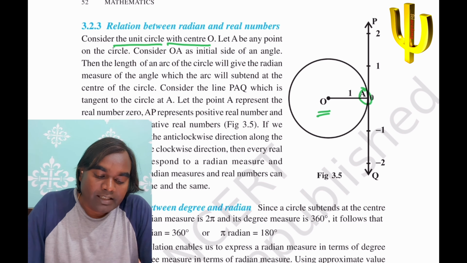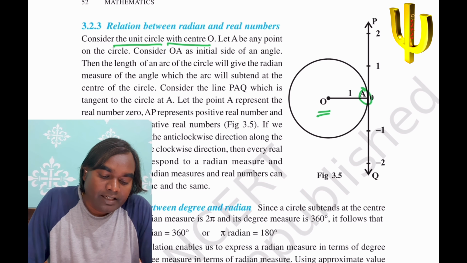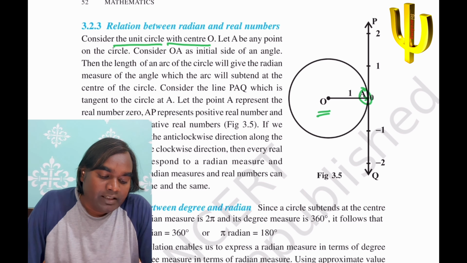Consider OA as the initial side of an angle. Then the length of an arc of the circle will give the radian measure of the angle which the arc will subtend at the center of the circle.